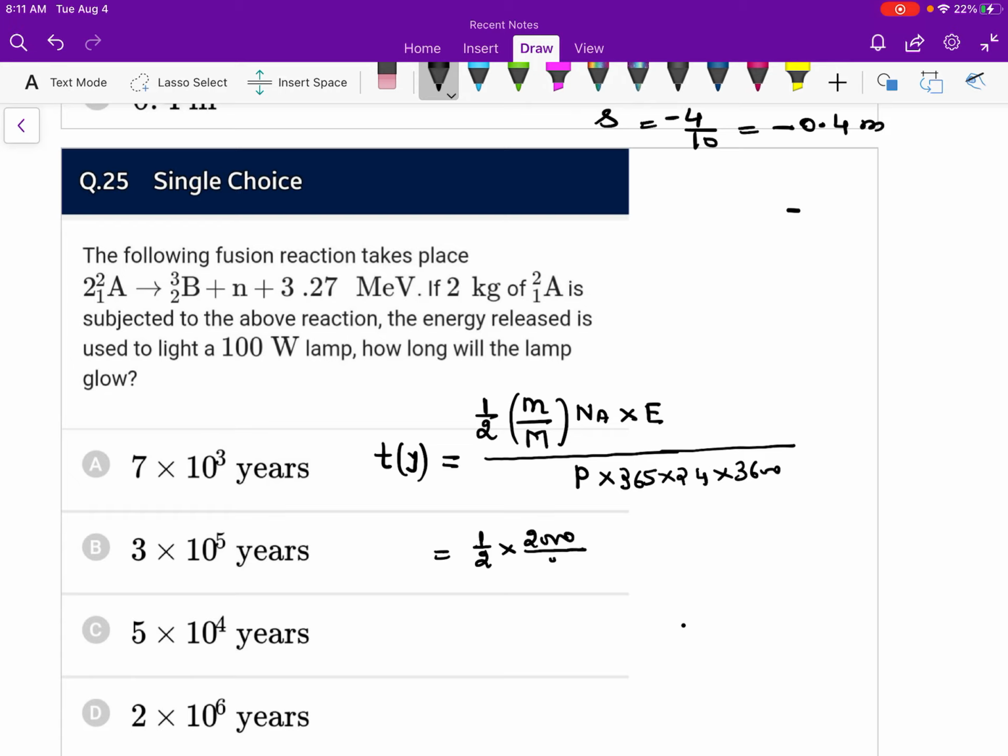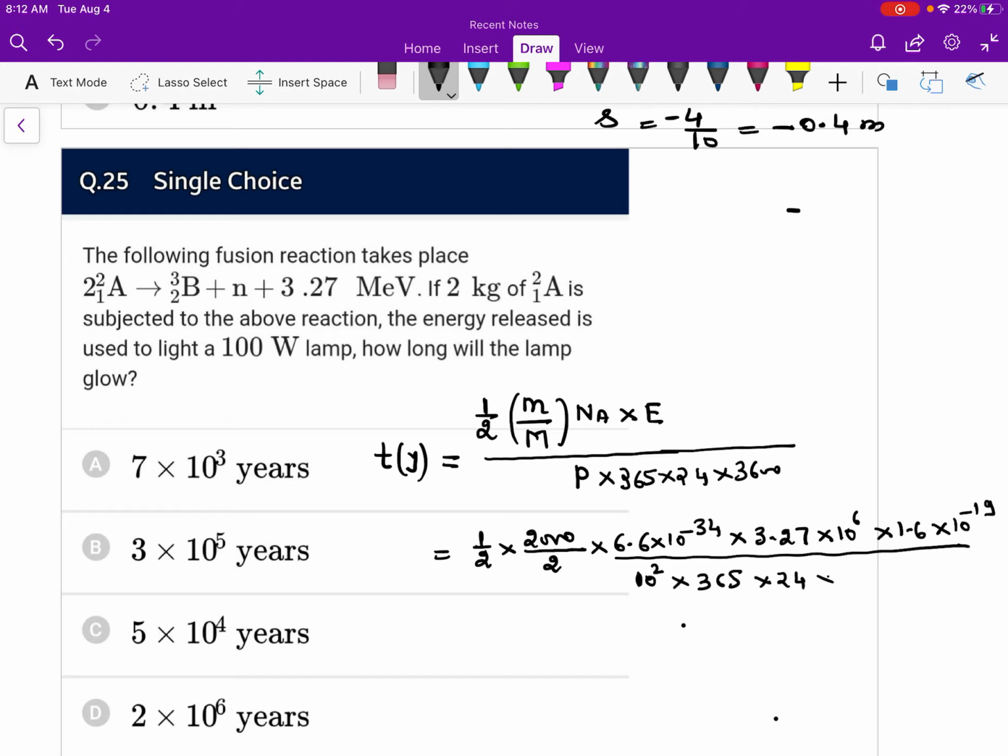Molar mass is 2, into Avogadro number 6.6 into 10 to the power minus 34, into E, which is 3.27 mega electron volt, 10 to the power 6 into 1.6 into 10 to the power minus 19, upon power, which is 100 watt, so 10 to the power 2, into 365 into 24 into 3600.